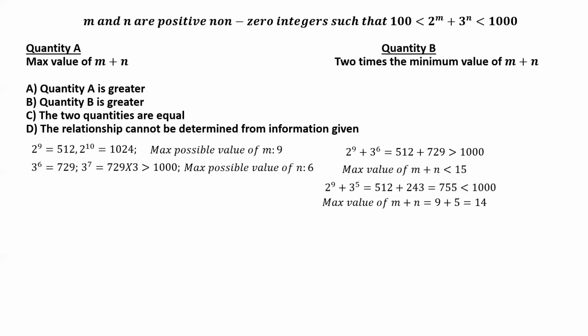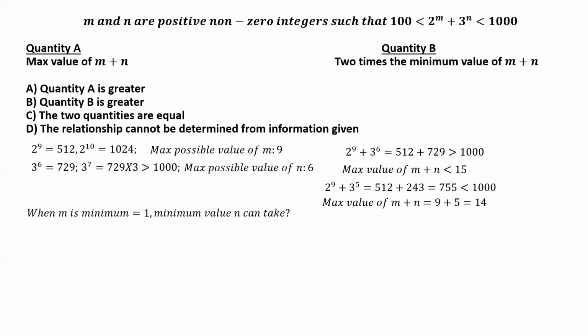So next, consider what happens when we start looking for minimum values of m plus n. For that, we basically set m to its minimum possible value, which is 1. And we ask the question, if I set m to the minimum possible value, what is the least value that n can take?